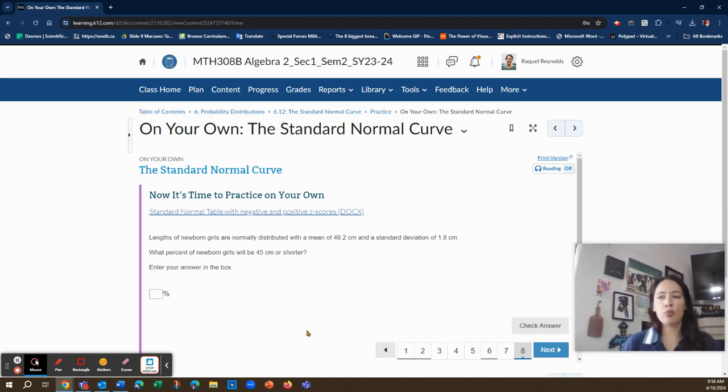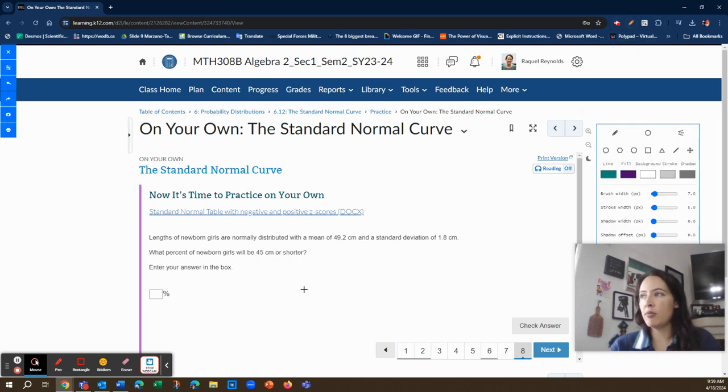Here we have the length of newborn girls. They're normally distributed with a mean of 49.2 centimeters and a standard deviation of 1.8 centimeters. What percent of newborn girls will be 45 centimeters or shorter? If we were to do this using the table of values, you're going to need to find the z-score, because that's what the table of values refers to.